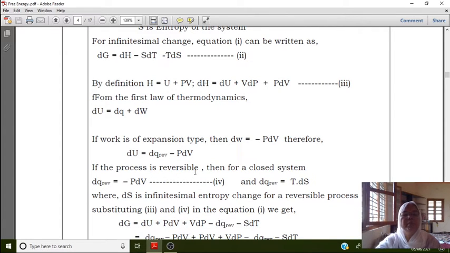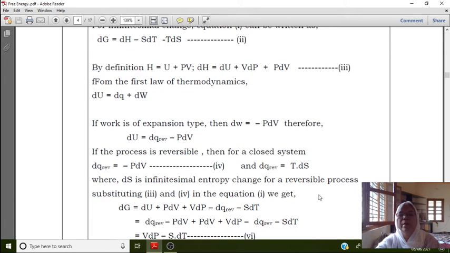If the process is reversible, then for a closed system we can write this as our expression number 3, and dQ reversible is equal to T dS, where dS is the infinitesimal entropy change for a reversible process. Let this be our expression number 4.